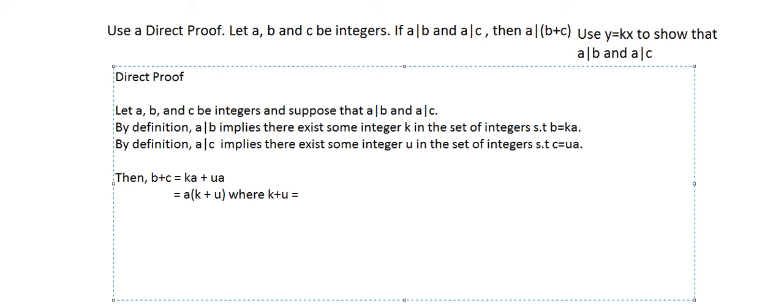We'll call it v in the set of integers. Okay, and then since we know that k plus u is equal to v, we will substitute v in for k plus u, so we're left with av.